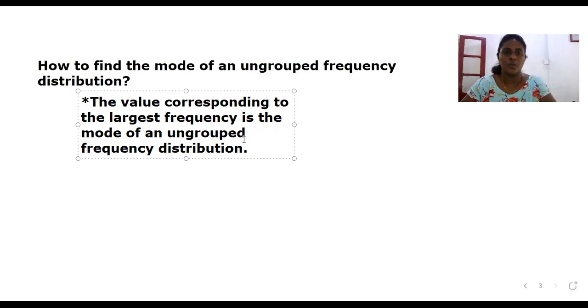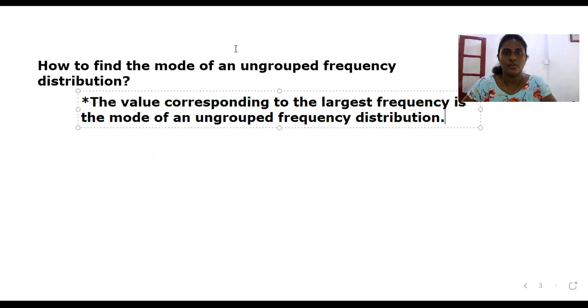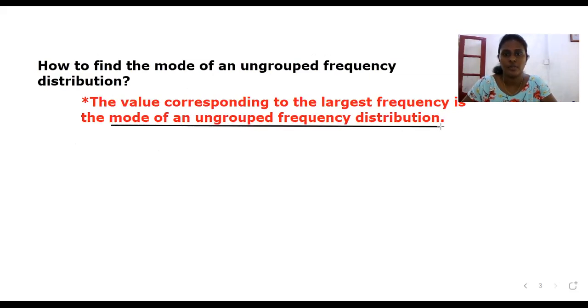The value corresponding to the largest frequency is the mode of an ungrouped frequency distribution. Here highlight: mode of an ungrouped frequency distribution.